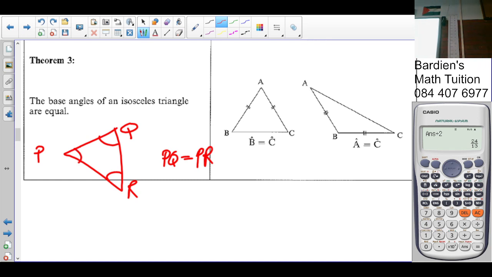What if those angles were equal? Then which lengths are equal? PR is equal to QR. Can you see that, people?